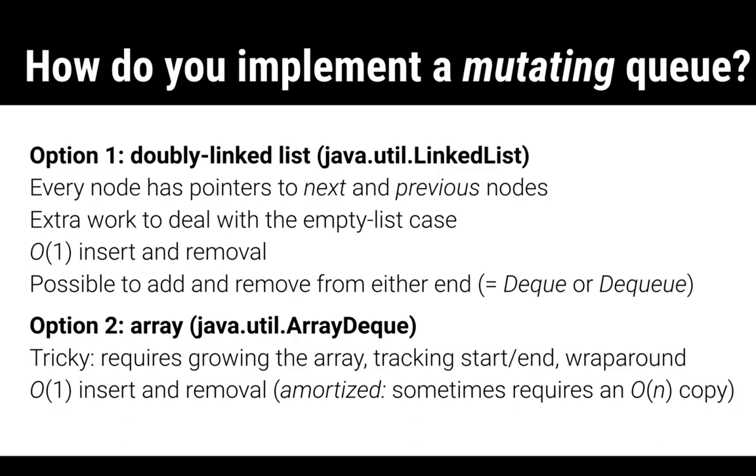So you've got a lot of bookkeeping to do to make sure you keep track of the start and the end. And if you fill it up, you have to make yourself a bigger array, which sometimes requires an order n copy, but that cost relative to the cost of all the insertions and removals is not so bad. So an array deck is still going to be amortized constant time insert and removal.